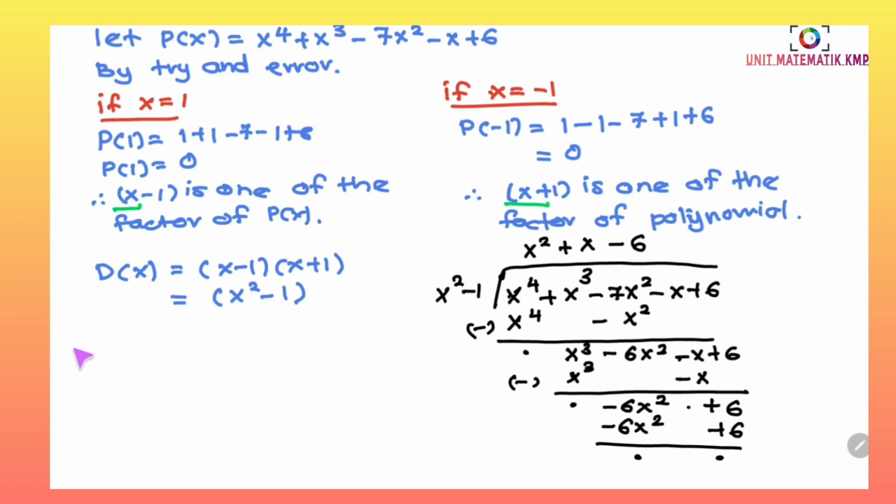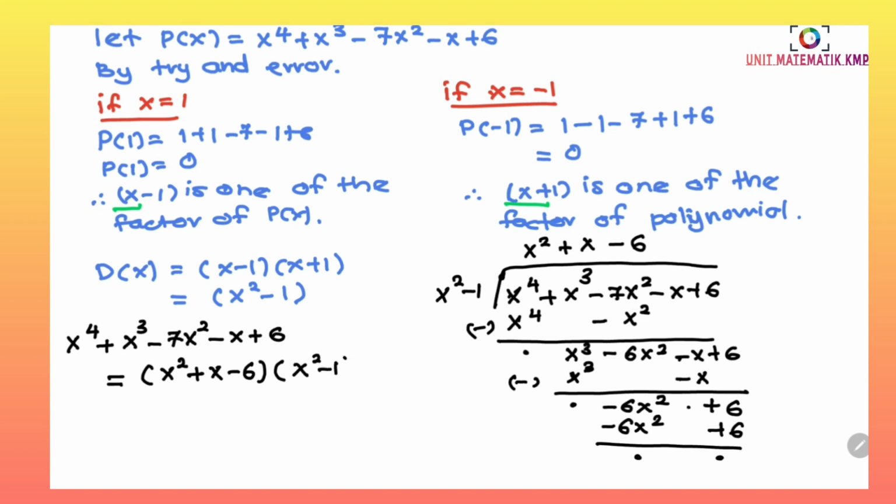Therefore x power 4 plus x power 3 minus 7x squared minus x plus 6 is equal to Q(x) times the divisor. What is our Q(x)? Q(x) is x squared plus x minus 6, times the divisor. The divisor is x squared minus 1.